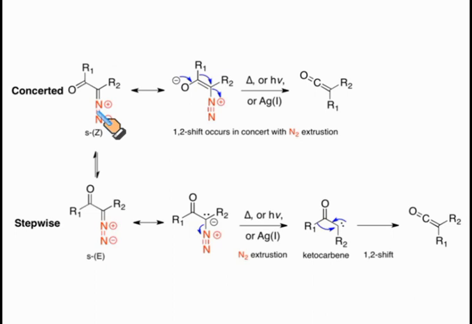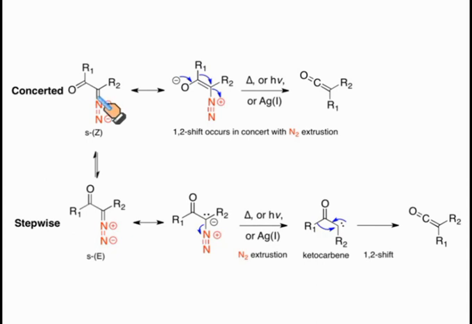Now when the alpha diazoketone is in S-Z configuration, its resonating structure is as we can draw here. The negative charge of the nitrogen comes here.